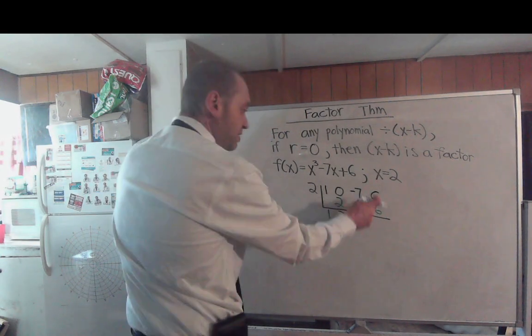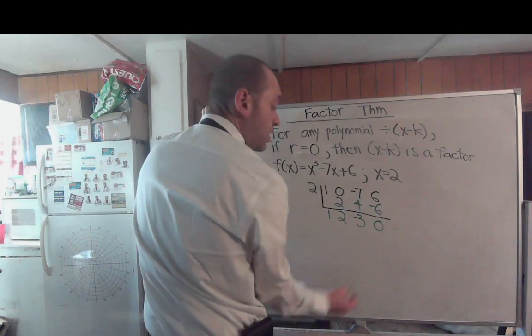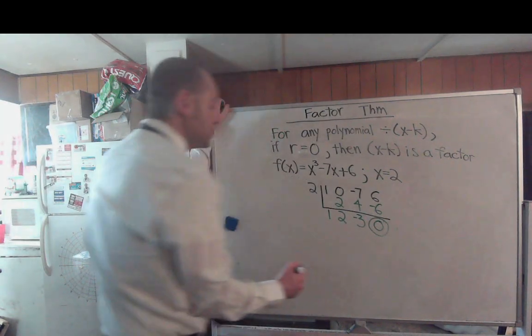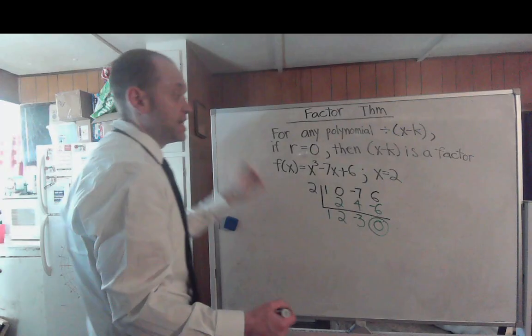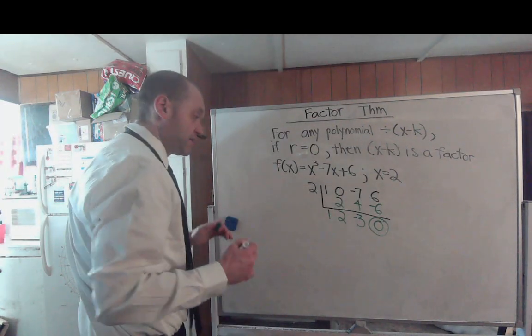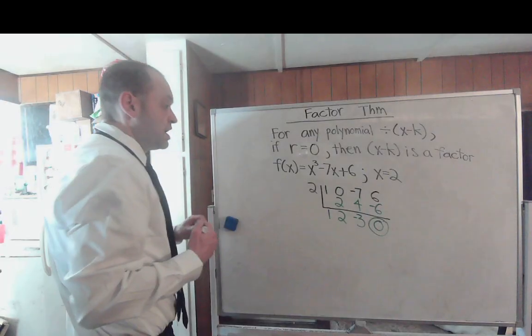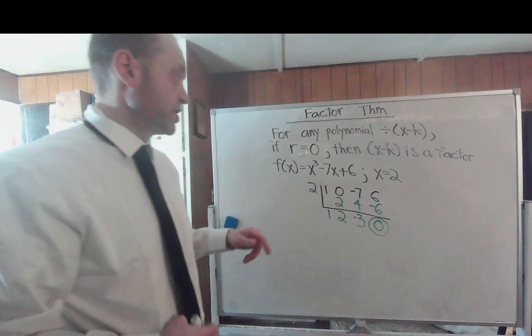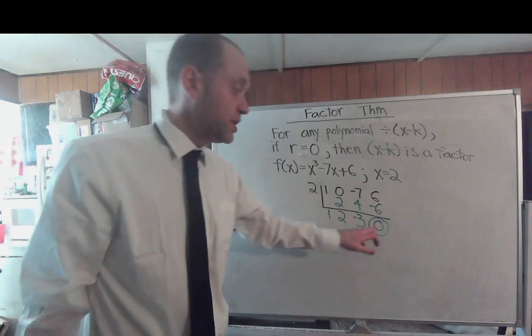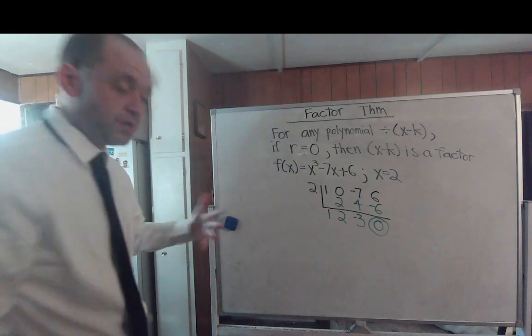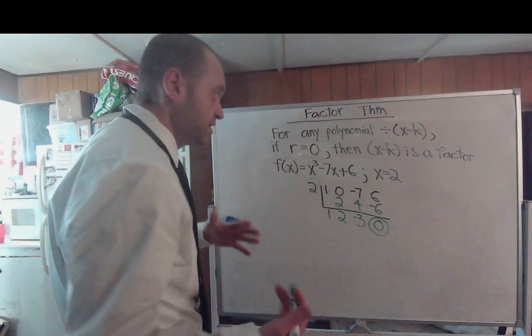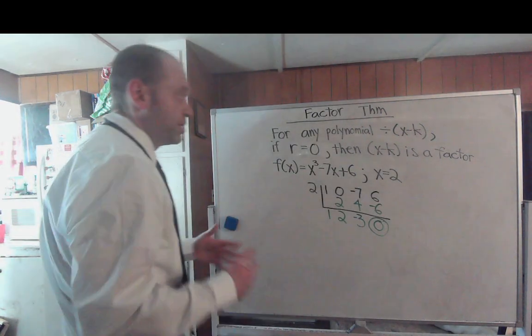And then 6 minus 6 is 0. Well, you have a remainder of 0. So that means that x minus 2 is a factor. And you can also use the remainder theorem to say in this case that f of 2 equals 0. That's how they piggyback off of each other.